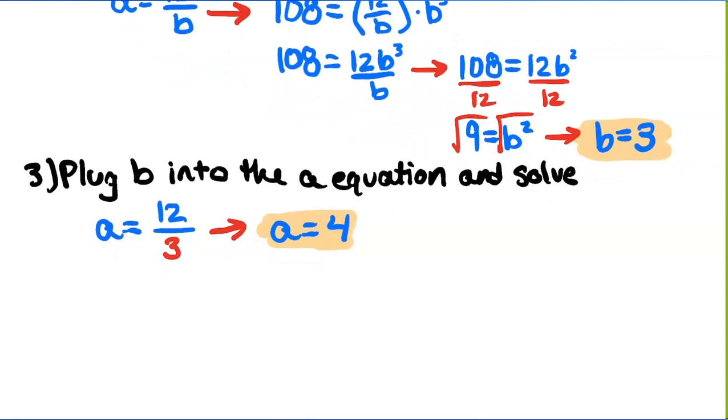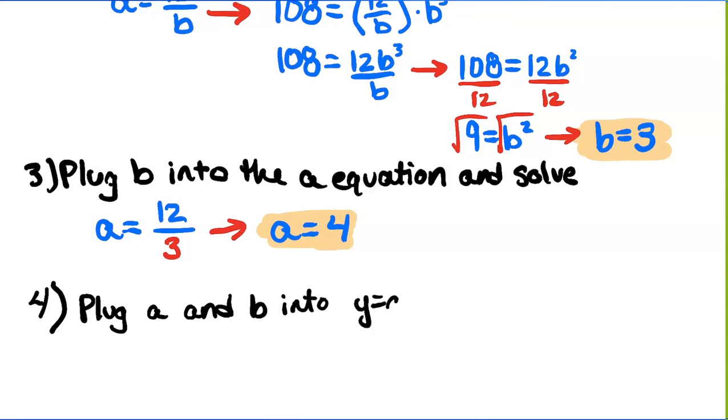Now we've got both of our a and b, so we're good to plug this into the general equation. Fourth step, plug a and b into y equals a times b to the x.